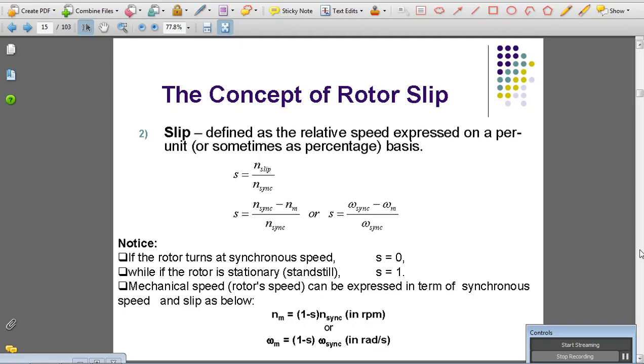So the mechanical speed or the rotor speed can be expressed in terms of synchronous speed and slip as below: nr or nm is equal to ns multiplied by (1 minus s), or omega m or omega r is equal to omega s multiplied by (1 minus s).